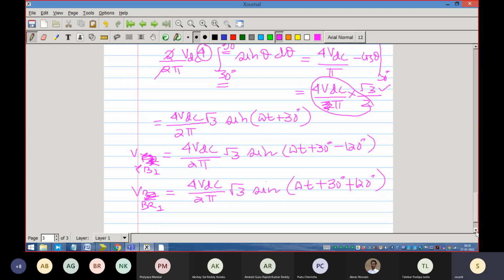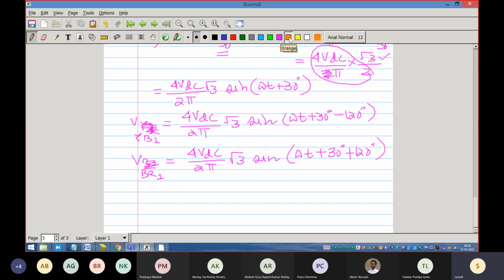Right. So if we draw the phase sequence of it, how do I show it? If this is the original 0 degree, so VRY1 is coming 30 degree here, and the other one is coming minus 90 degree, so it is here, this is VYB1, and the other one is VBR1.